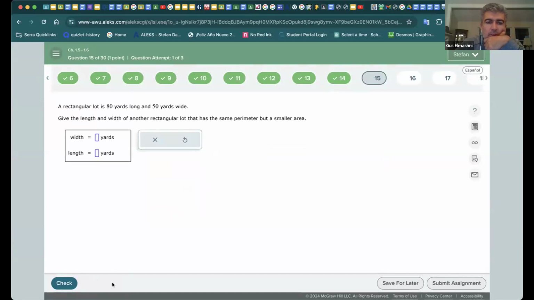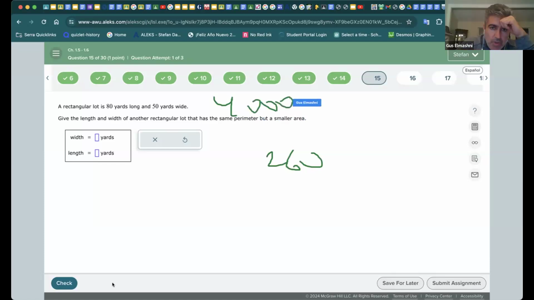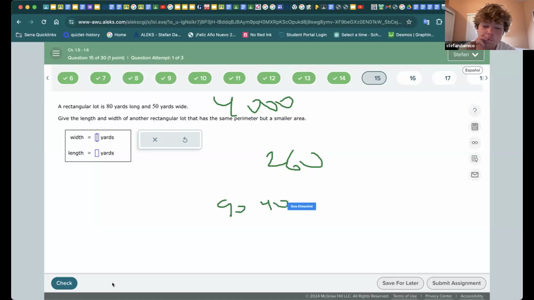Hold on, a rectangle is 80 yards long. Give a length and width of another rectangle that has the same perimeter but smaller area. Okay, so the perimeter right now is 260, right? Yeah. And the area is 4,000. So if you want the same perimeter but a lower area, you could probably do 90 and 40, because that would be an area of 3,600, which is less, but definitely the same perimeter.